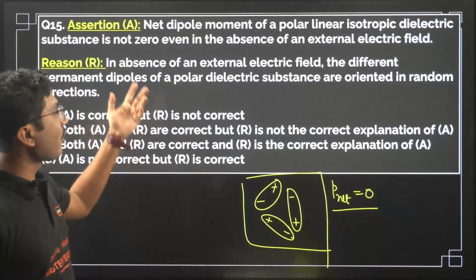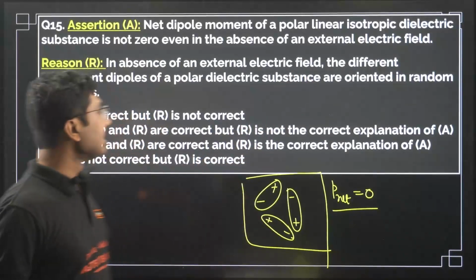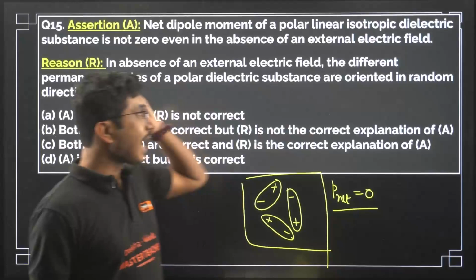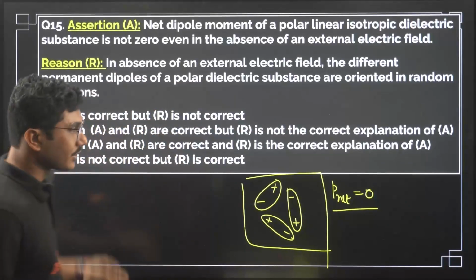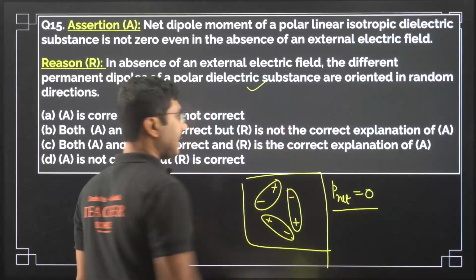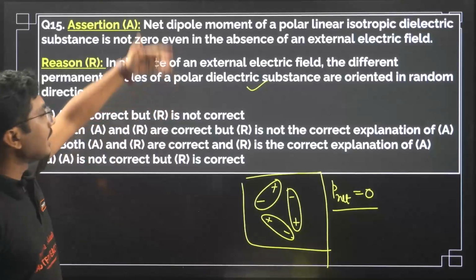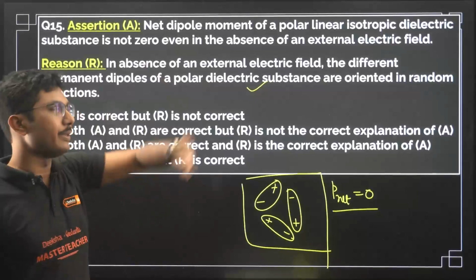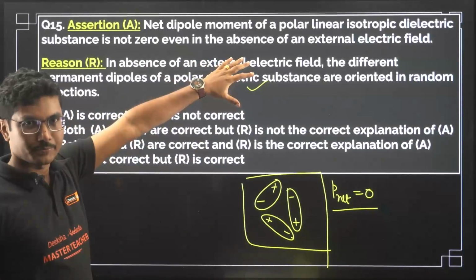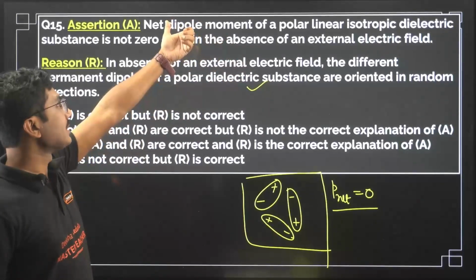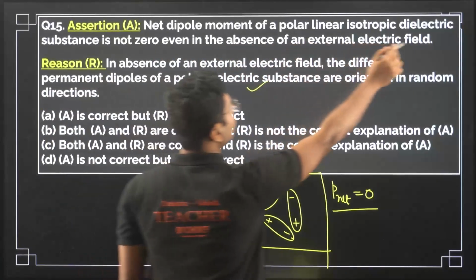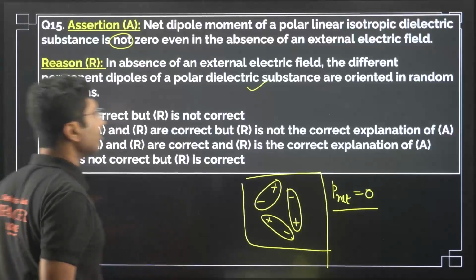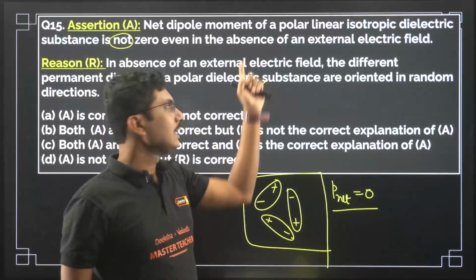In the absence of an external electric field, the different permanent dipoles of a polar dielectric substance are oriented in random directions. So this statement is correct, and if it was given that the net dipole moment of a polar linear isotropic dielectric substance is 0, then this would have been the correct explanation, right?